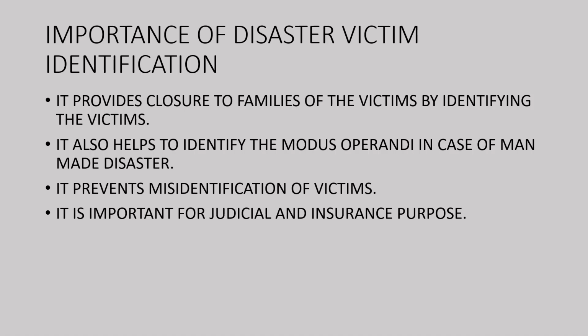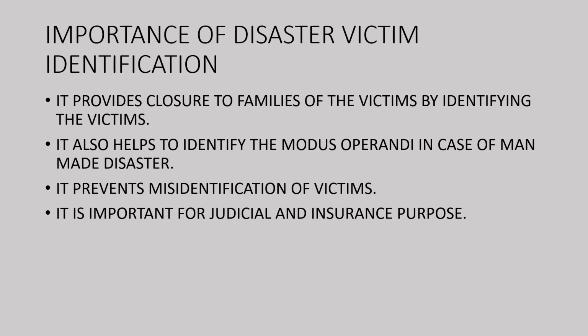In those cases, we deliver the fragments or the ashes that we recover from that person. The importance lies in providing closure to families of the victims by identifying the victims. It also helps to identify the modus operandi in case of man-made disasters. It prevents misidentification of victims. It is also important for judicial and insurance purposes.